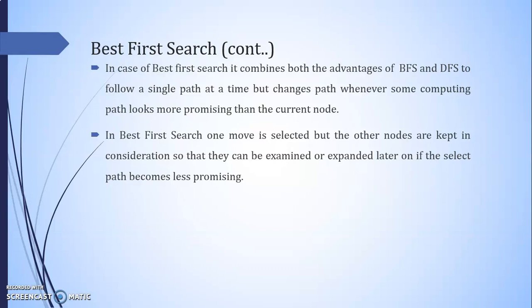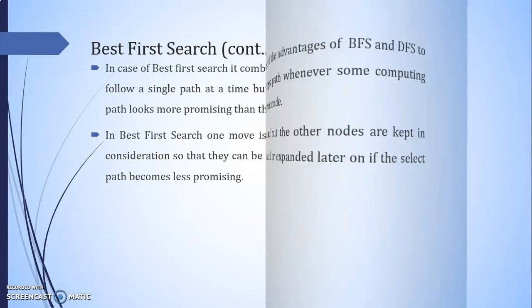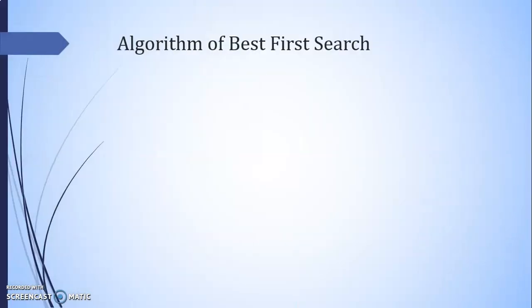So unlike hill climbing, this algorithm retains all estimates computed for previously generated nodes and makes its selection based on the best among all of them. That is the difference. So let's see the best first search algorithm.